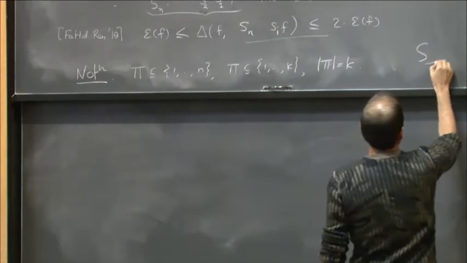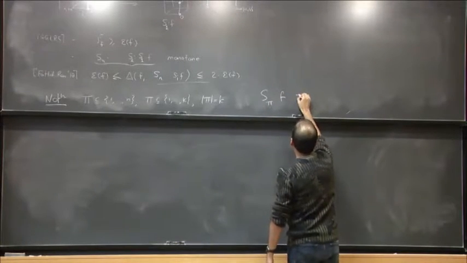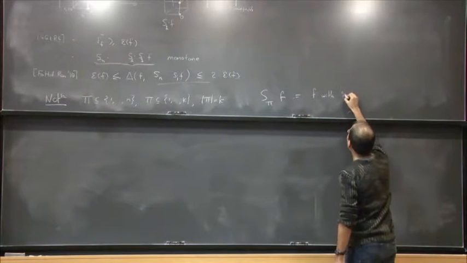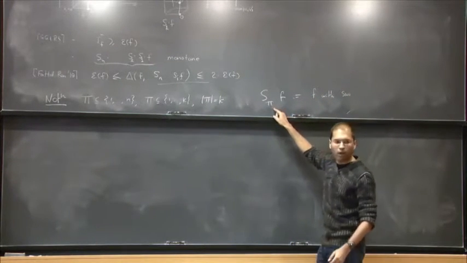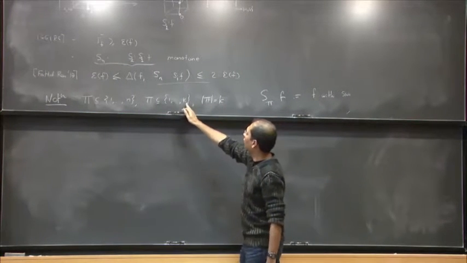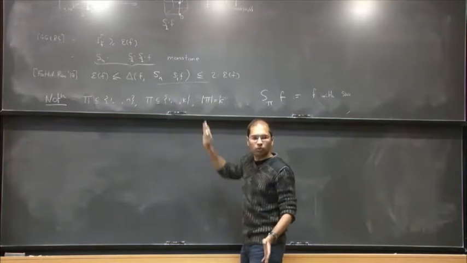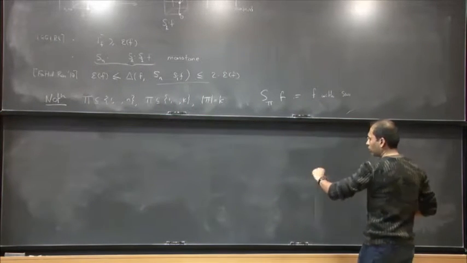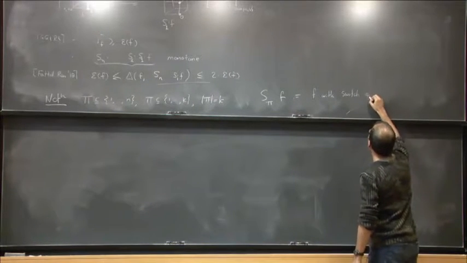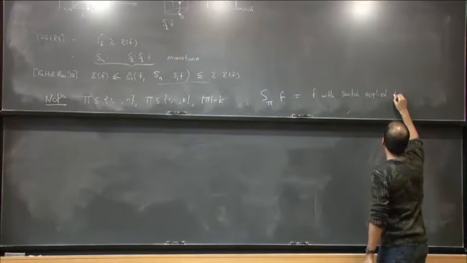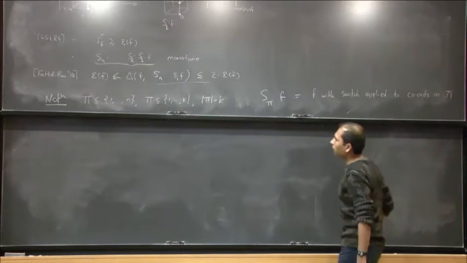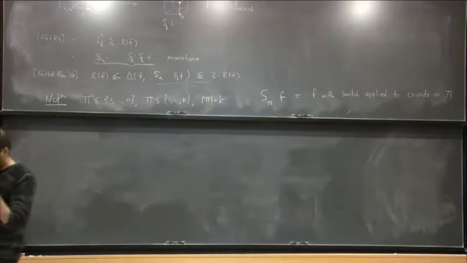And then let S sub pi f denote the function f with the switch operator applied on coordinates in pi, meaning 1 through k. But k could be something less than n, say n over 2, in which case you would apply the switches only on half the coordinates. So that's the notation: f with switch applied to coordinates in pi.